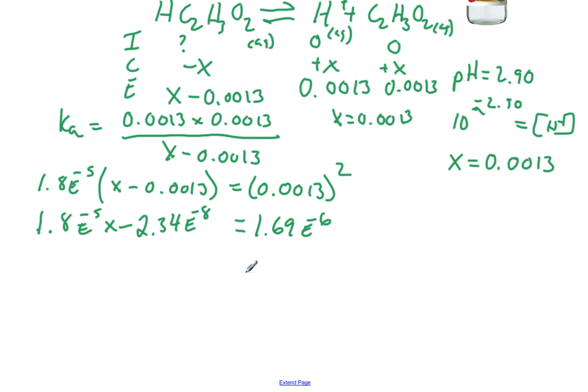Now, this is kind of just a pain in the algebra part, but I can do this. I just need to add to that 2.34 e to the negative 8.